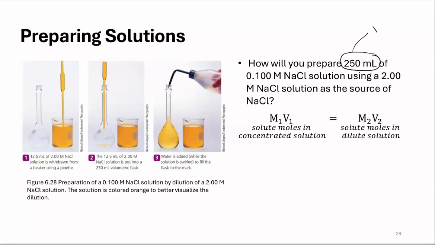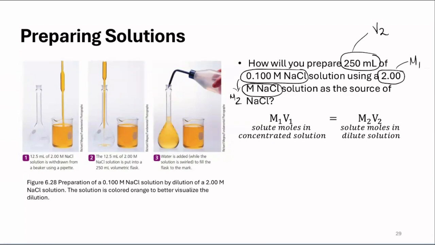So this is going to be V2. We need to make this concentration of the solution. So this is M2. And this last term is going to be the concentrated molarity. So that's M1. So in this problem, we are solving for V1.